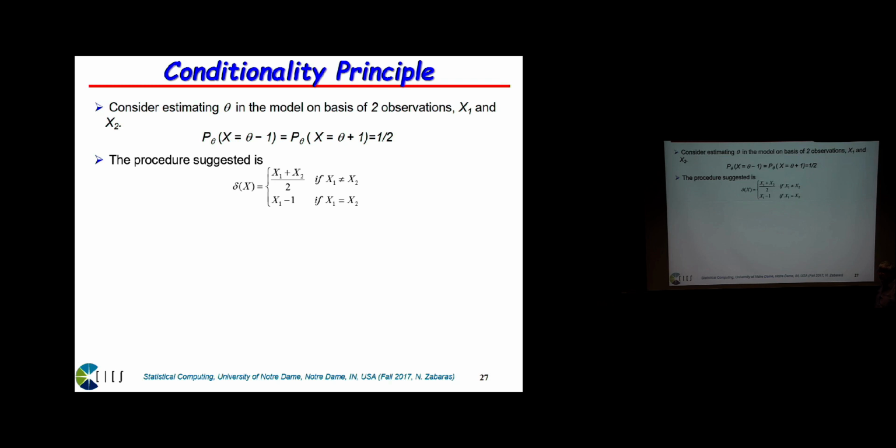The answer is, if you're a Bayesian person, no. Your inference has to depend on the data, nothing else. So once you say, this is my experiment, the data have to decide your inference about theta. And this is what is called the conditionality principle.